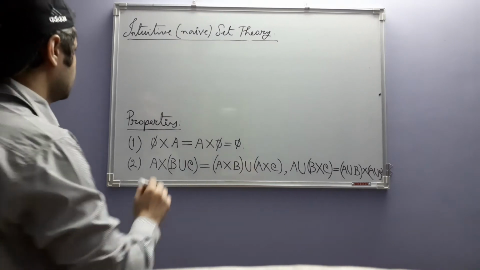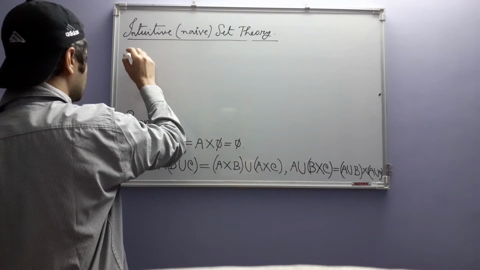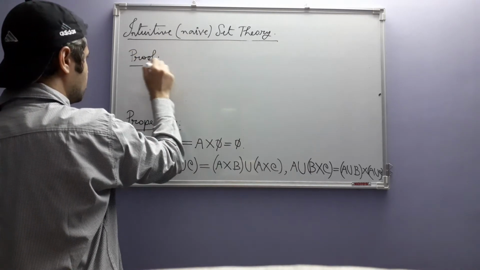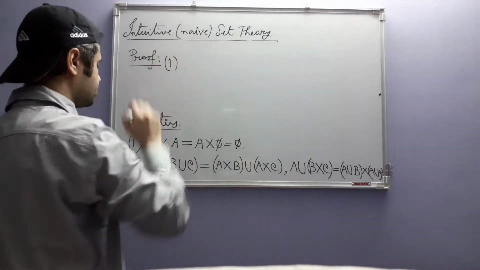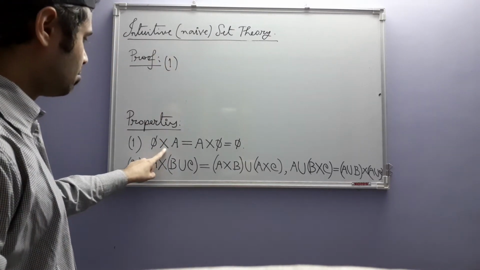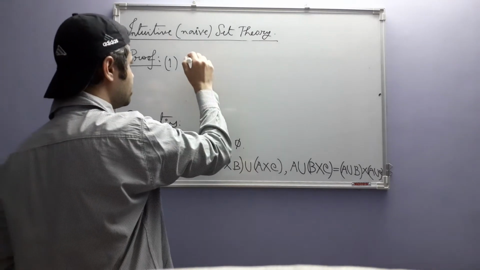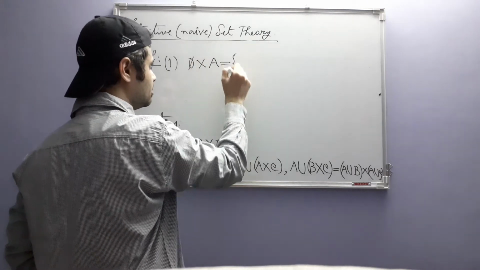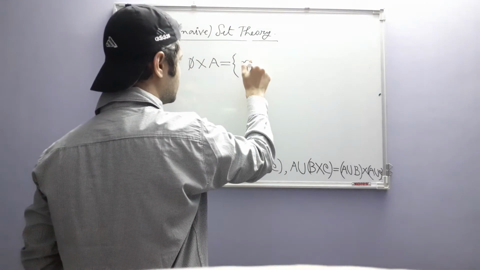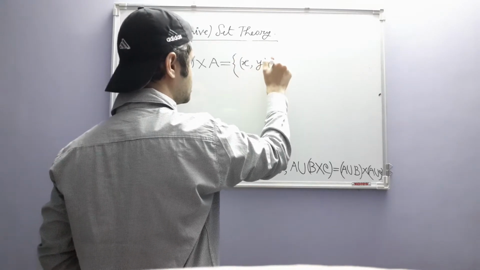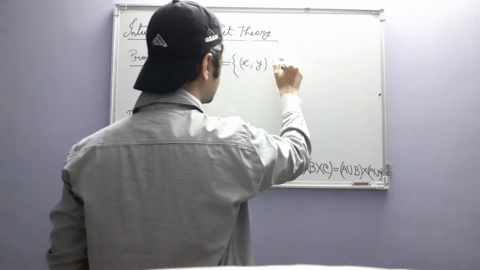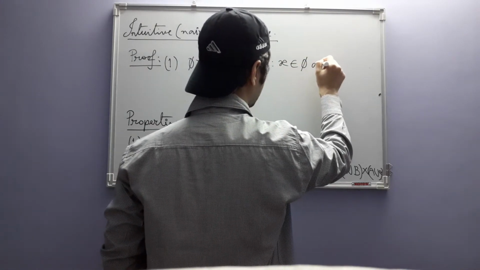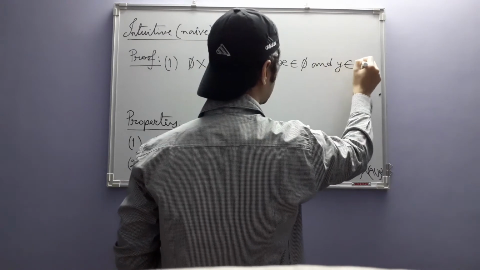For the first one, by definition, if we just simply try to apply the definition in this case, what it says is that it is the set of all ordered pairs x comma y such that x belongs to the first set and y belongs to the second set.